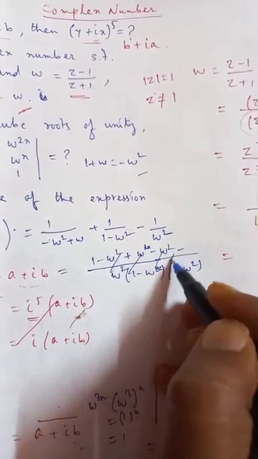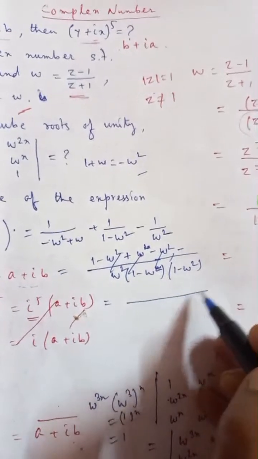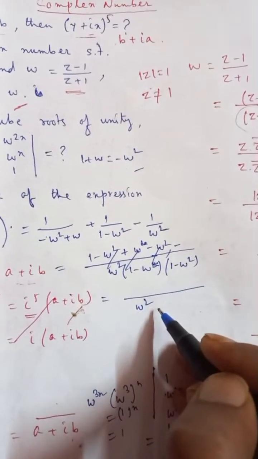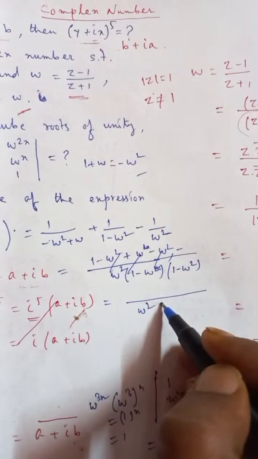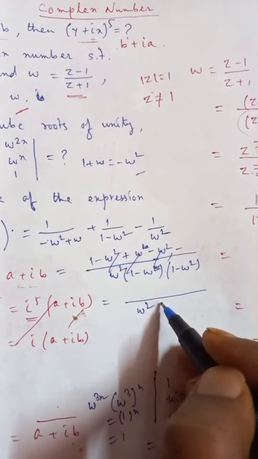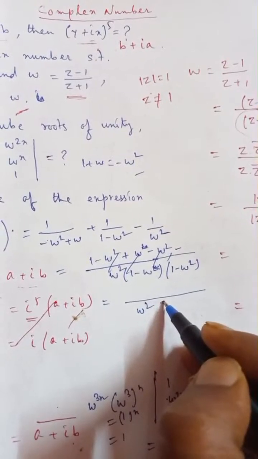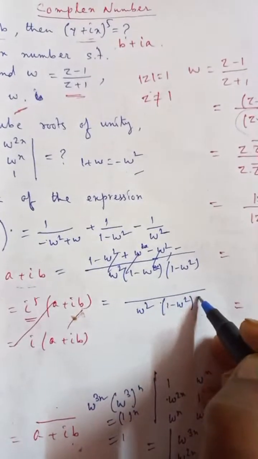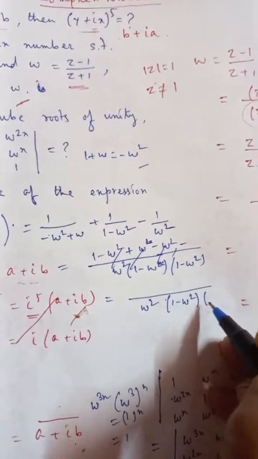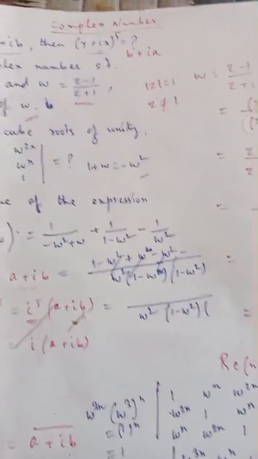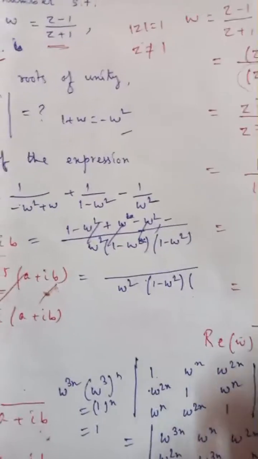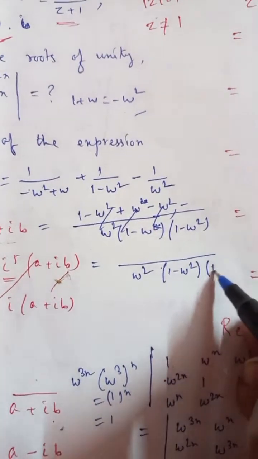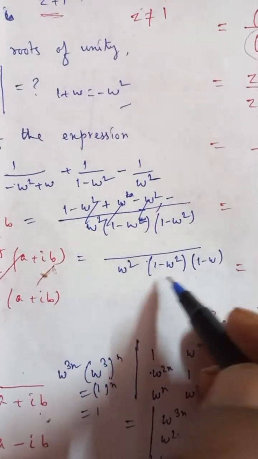It will be again omega square, it will be 1 minus omega square, and here it will be 1 minus omega. This will be the LCM actually.